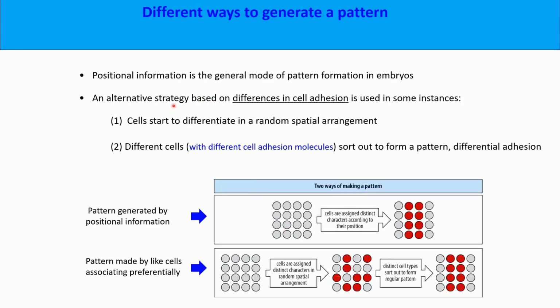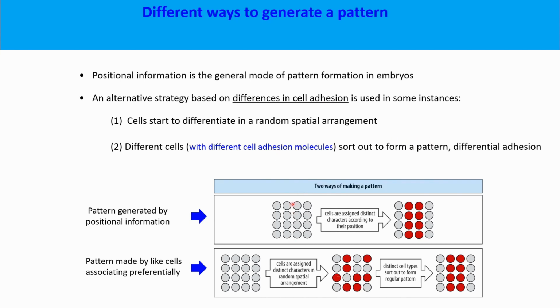So while we've discussed that this sort of positional information, so morphogens, can be a general mode of pattern formation, there is an alternate strategy that's worth bearing in mind, and that's based on differences in cell adhesion, so differential adhesion.